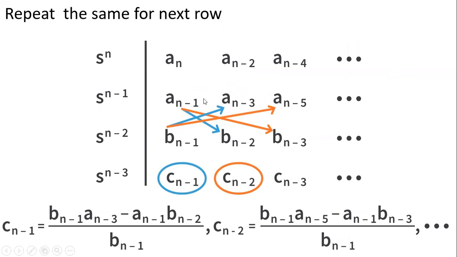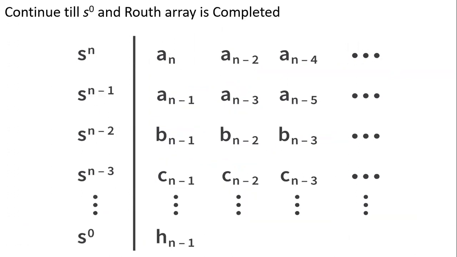If we go on doing like that, we continue this process until s^0 and the Routh array is completed. So we get a_n, a_(n-2), a_(n-4), then b_(n-1), b_(n-2), b_(n-3), then c_(n-1), c_(n-2), and we do this until we reach s^0.